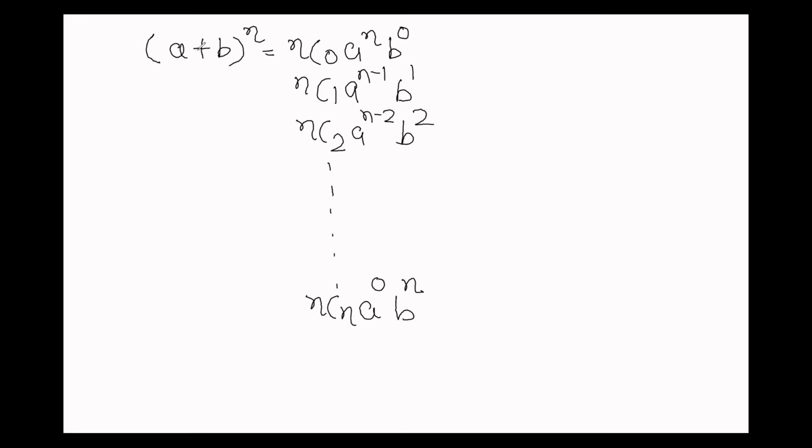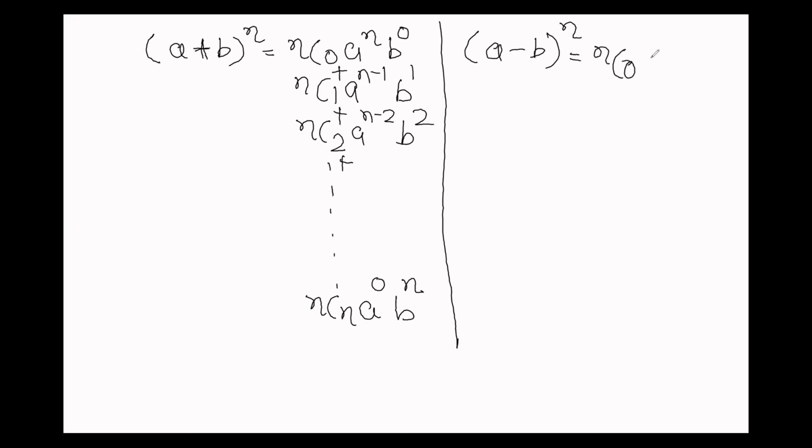If there is plus sign between the two terms, I have to consider plus sign between any two consecutive terms. Agreed? So what will be the change if it is a minus b raised to power n? Any guesses? It's very simple. First term will remain the same, NC0 a raised to power n b raised to power 0.